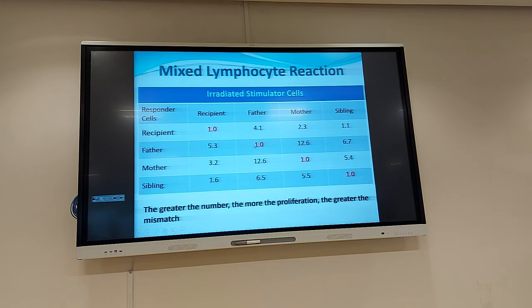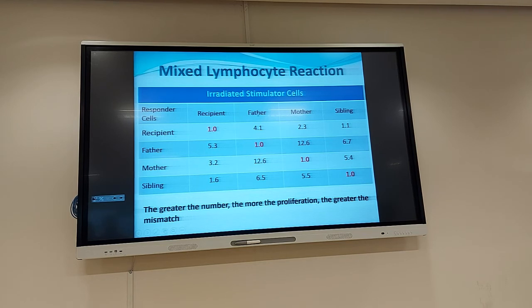So in this type of checkerboard titration, here you have your recipient cells irradiated, and you add non-irradiated donor cells, and you're looking for the least value, which will tell you the least proliferation and therefore the least reactivity. So here, just as a control, we're adding the recipient cells active to the recipient's own cells irradiated as targets, and you get a baseline value of 1.